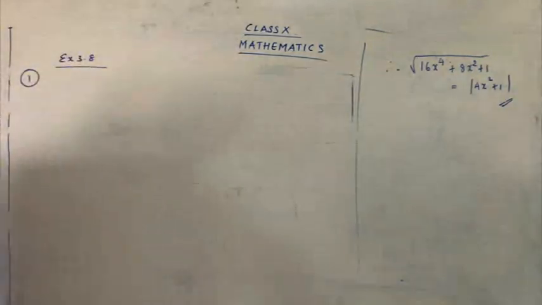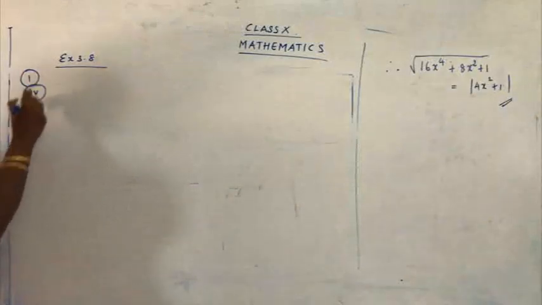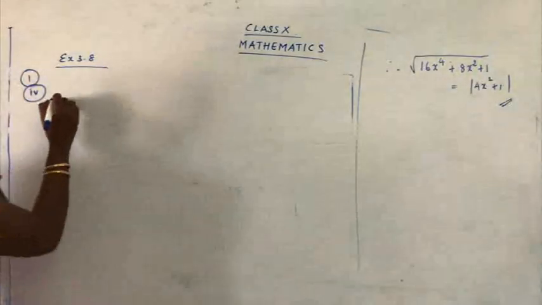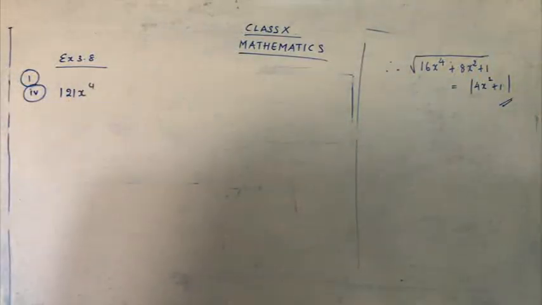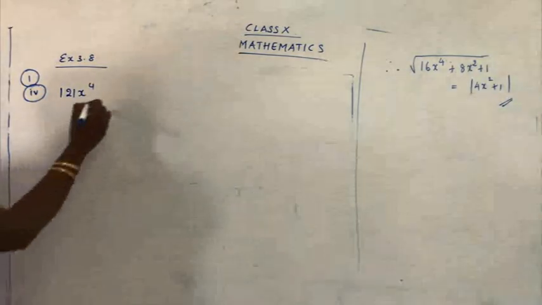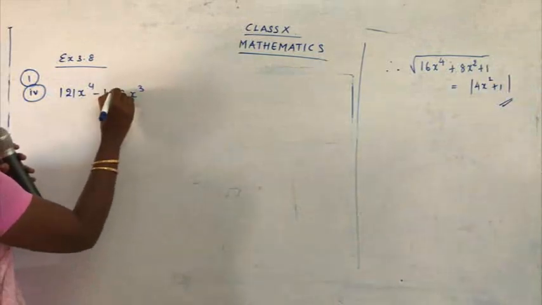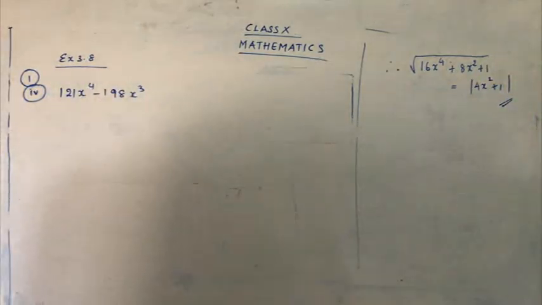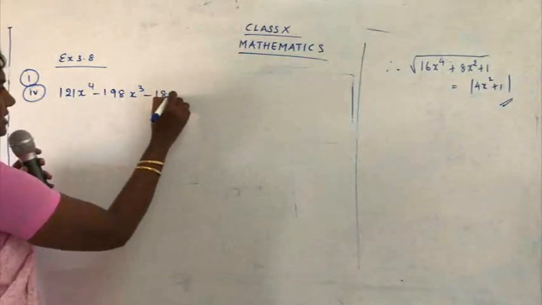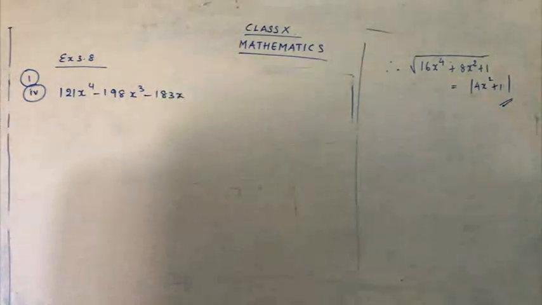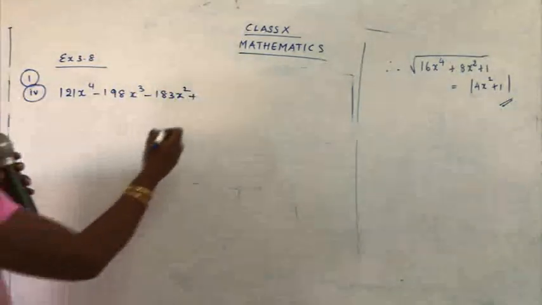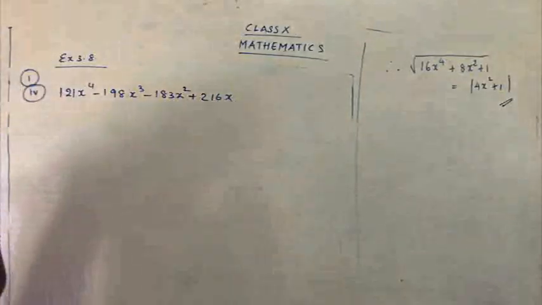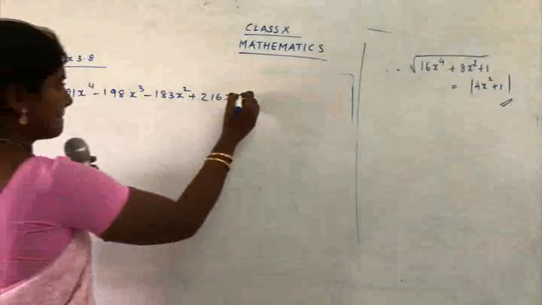So coming to the fourth subpart. Question number 1, fourth subpart. We have to find the square root of 121 x raised to 4 minus 198 x cube minus 183 x square plus 216 x plus 144.